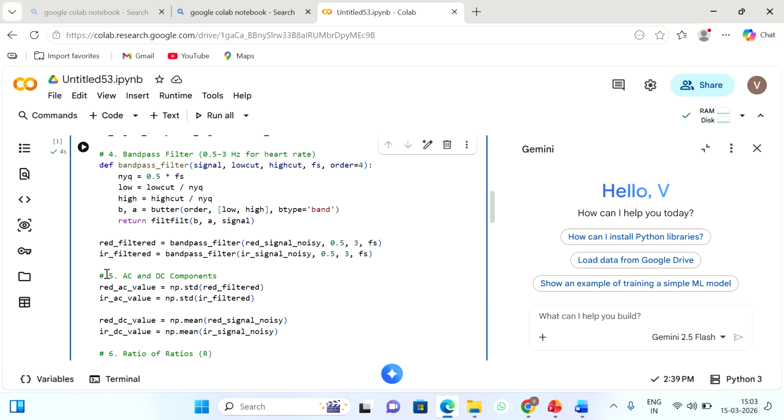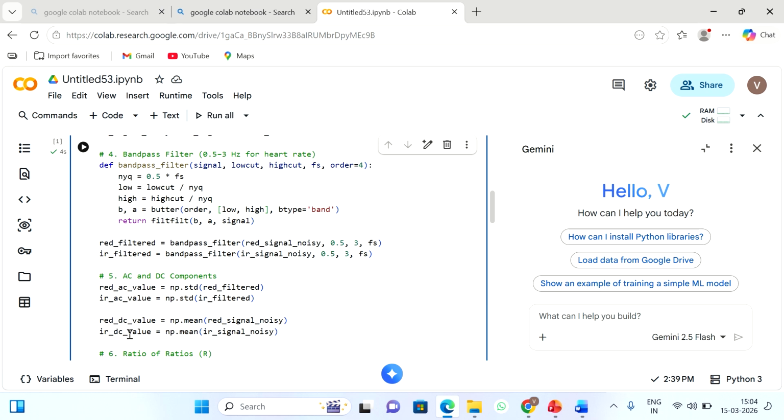So now how to determine the AC and DC components? The AC value is equal to the standard deviation of the red filtered signal. In the same way, the IR AC value is the standard deviation of IR underscore filtered. The DC value, we know, is the mean. Standard deviation means the variation around the positive peak and negative peak, but the mean value is just the standard reference line.